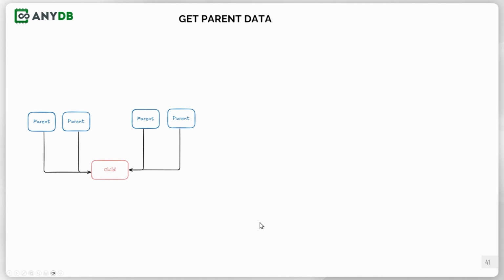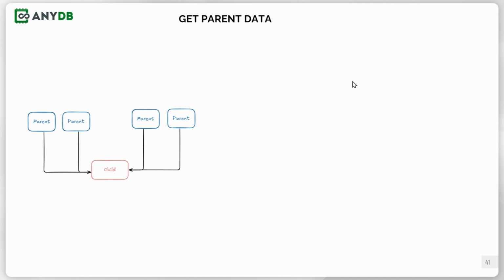Now, you can do the same thing with getting data from parents from a child record. So suppose you're a child record and you want to get some data from its parents. It's pretty straightforward. Let's assume you are the child object and you are attached to, let's say, 4 parents. Remember, we talked about the fact that you can attach a record to multiple other records.